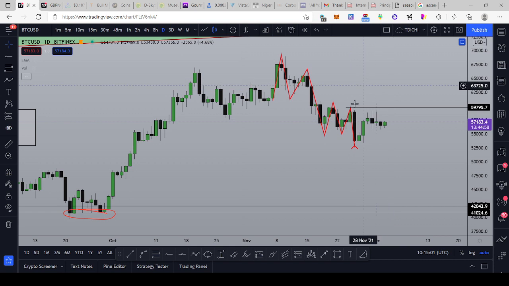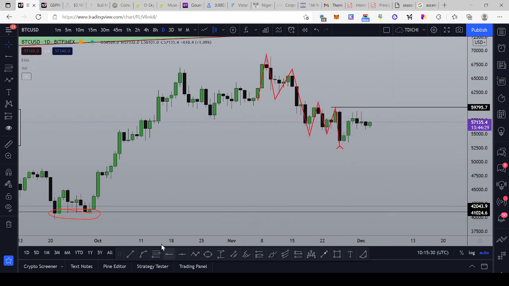For now, as it is right now, BTC has to flip this resistance, then give us a higher low, and then give us a higher high. Then we can say, yeah, it's changing trend.